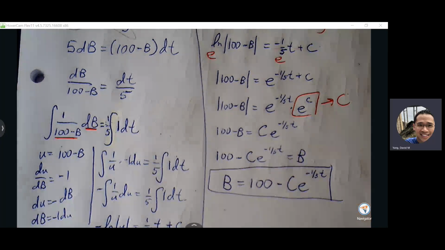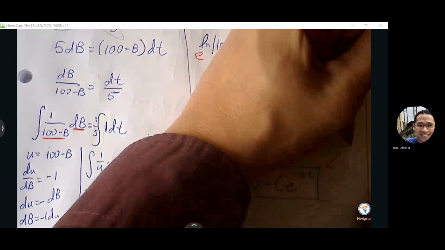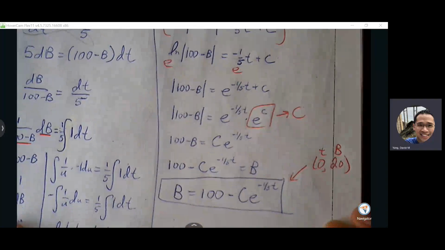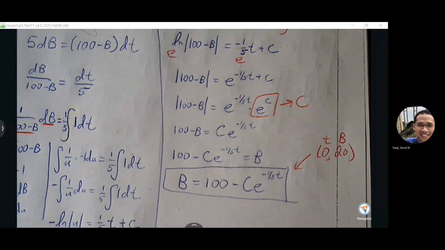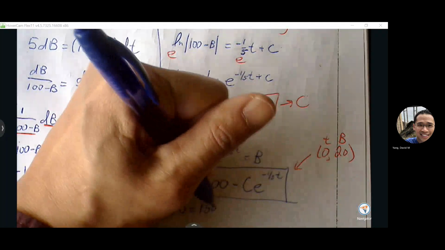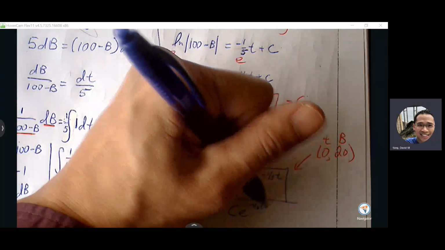For the particular solution, what ordered pair can we plug in? 0, 20, yep. 0 in for T and 20 in for B, because our whole purpose is to solve for C. The 0 is nice.